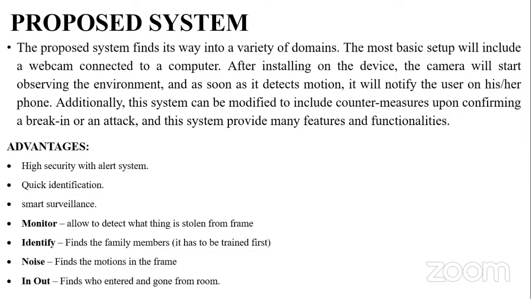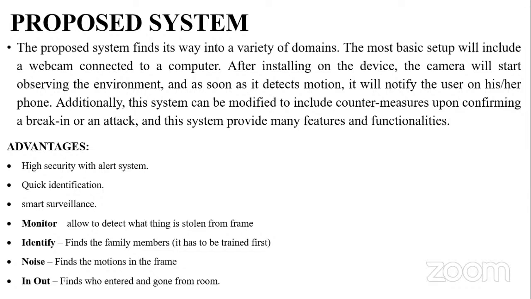By this, it will know that an object has been disturbed, that the frame has been disturbed. And the second algorithm is local pattern matching histogram. It will first train the model by taking some pictures of a user, and we can ask it to detect the person's name, and it will detect the person with respect to the name.